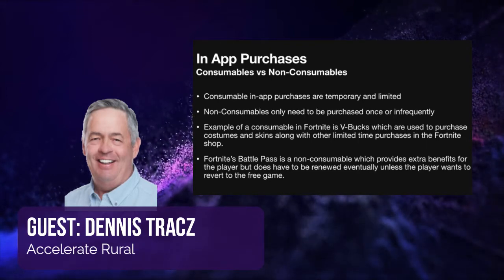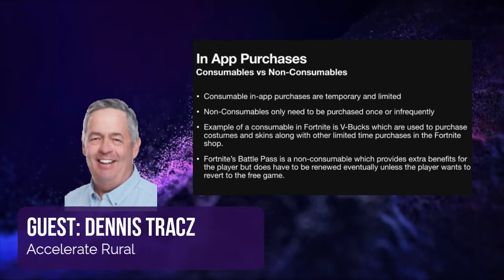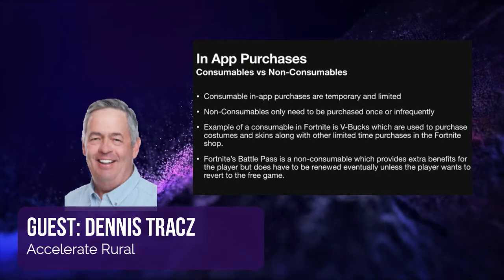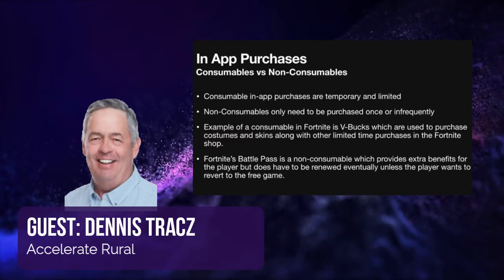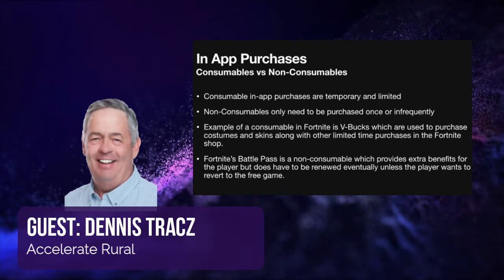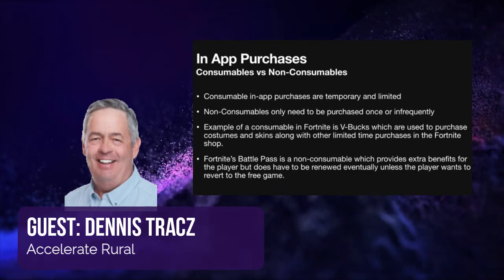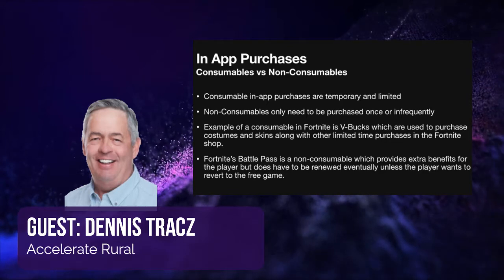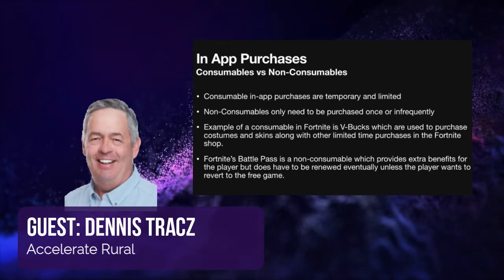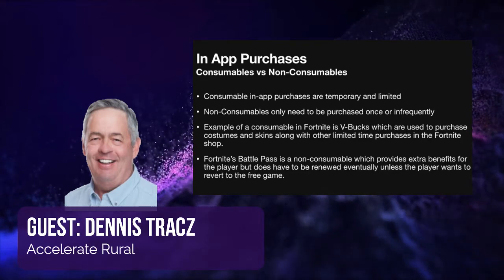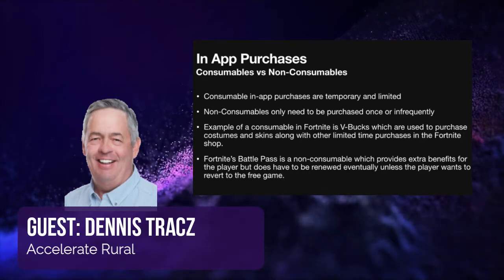So I'm going to use an example of a North Carolina app that's been quite successful, and that's Fortnite. So a consumable in Fortnite is something they call V-Bucks, which are used to purchase costumes and skins along with other limited time purchases in the Fortnite shop. So I've never played Fortnite, so maybe some of you all are familiar with this. But you're buying something that's really temporary and just for that session in most cases.